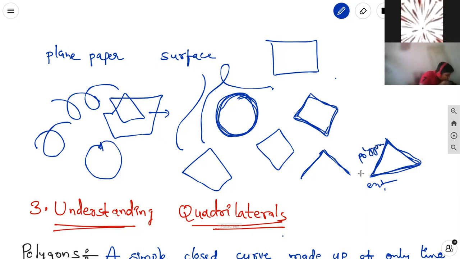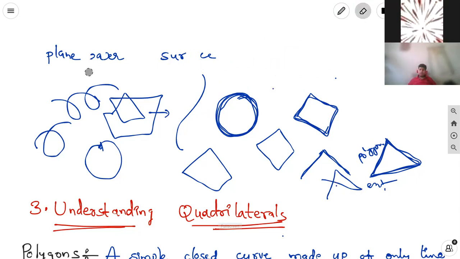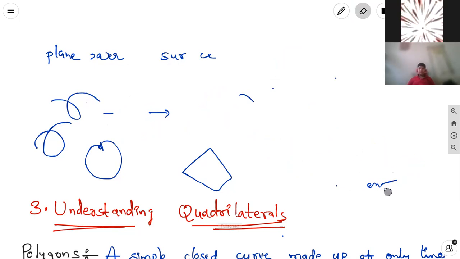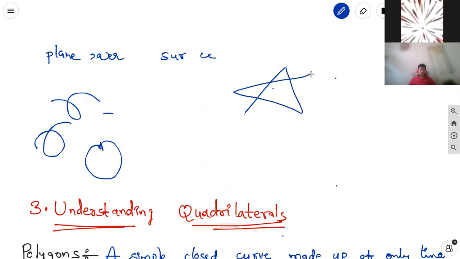Such examples include rhombus, square, rectangle, and there are some more examples also. Some are polygons and some are non-polygons. If for example we take this, this is the joining of sides or joining of lines.